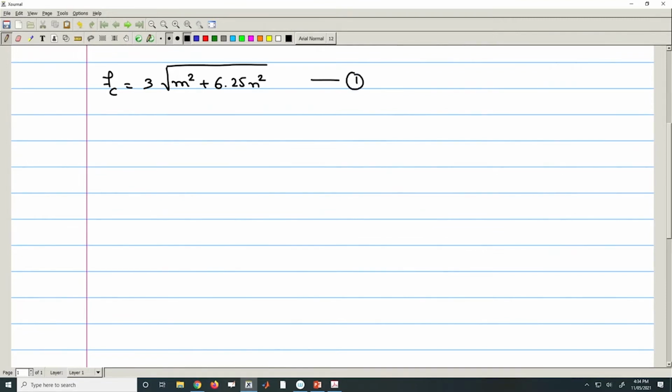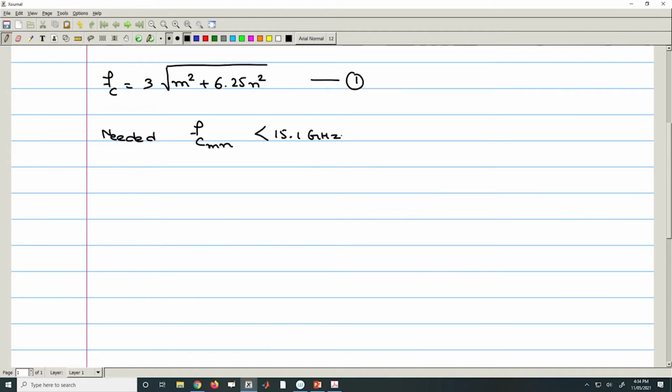Okay. Now here it's given that we need to operate the waveguide below 15.1 gigahertz. Okay. So it's needed that f_c,mn should be less than 15.1 gigahertz.